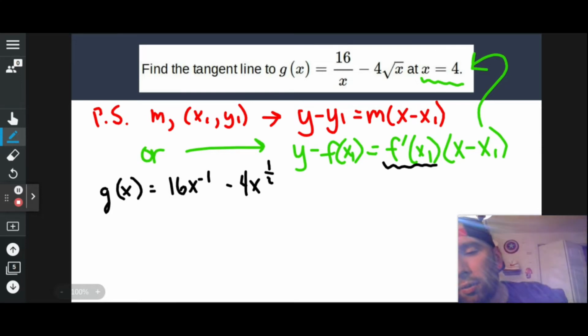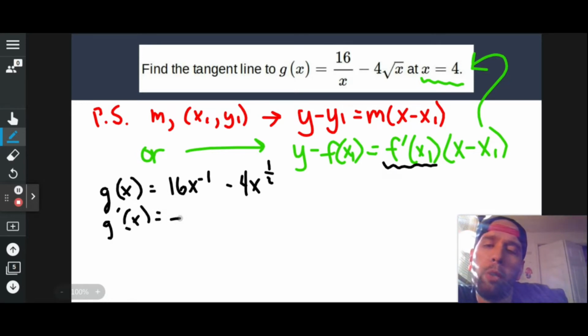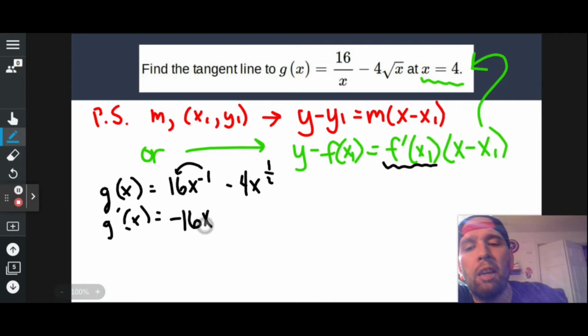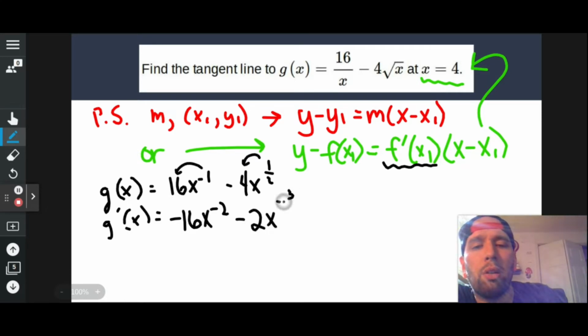So the derivative is going to have me drop down the negative 1 and subtract 1 from it. So negative 16, because negative 1 times 16 is negative 16. X to the negative 1 minus 1 is negative 2. Drop down the 1/2, and half of negative 4 is negative 2. And take away 1 from a half, and you have negative 1/2, my bad.